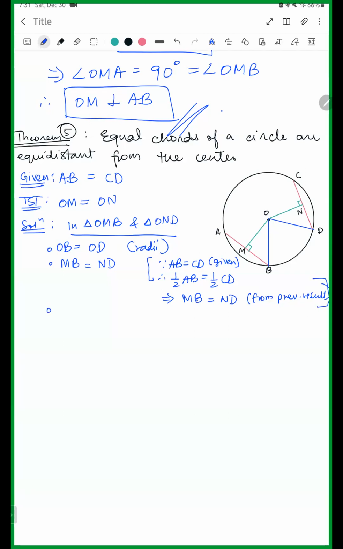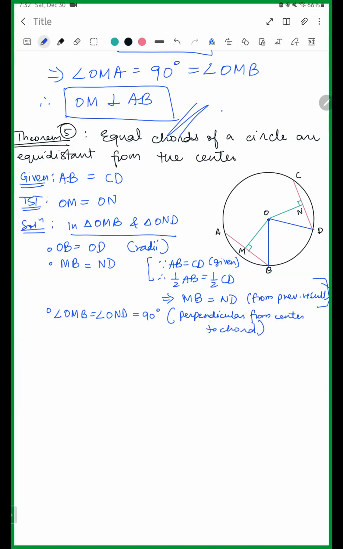And the third thing is angle OMB is equal to angle OND is equal to 90 degrees, because this is the perpendicular from center to chord.